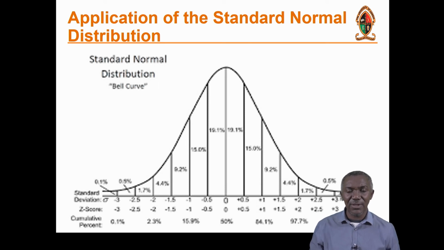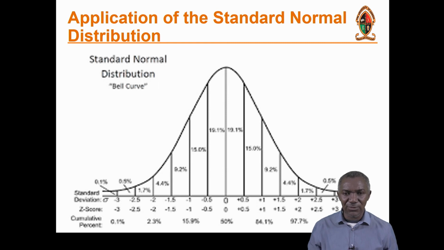Let me come back to the thought concerning the empirical rule. The empirical rule stated that 68% of the observations fall within one standard deviation. So if you carefully look at this, if you move from 0 towards the left, you are going to see -1. So this is -1, the one standard deviation below the mean.